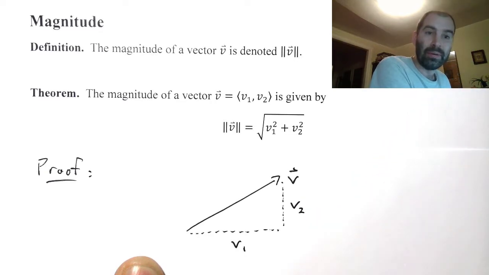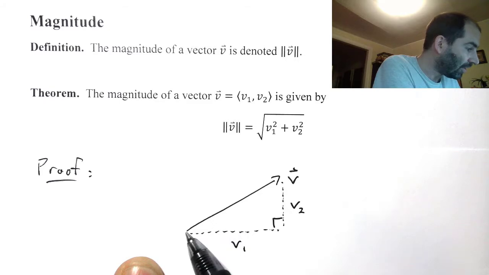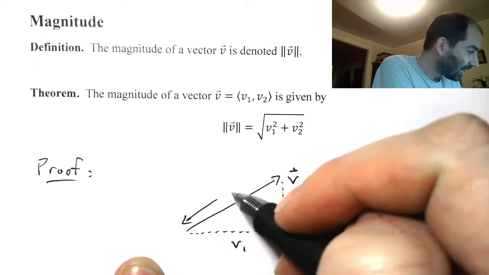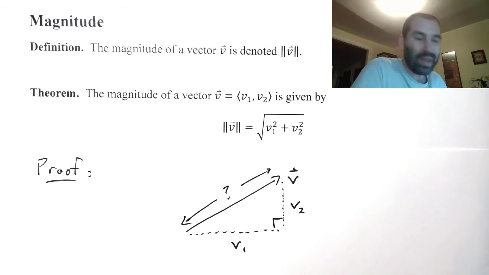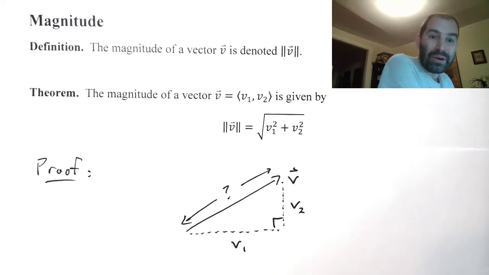That's v2. And so if I draw this picture like this, I see I have a triangle, and it's a right triangle. And what we're after here is the length of the vector. We're after the size of the hypotenuse of this triangle. Well, we have the size of the legs, so we know how to do this. Pythagorean theorem.